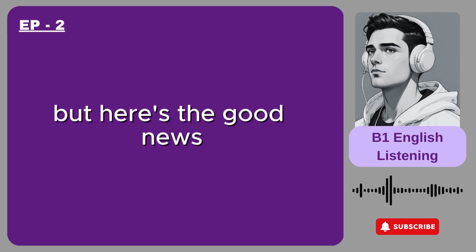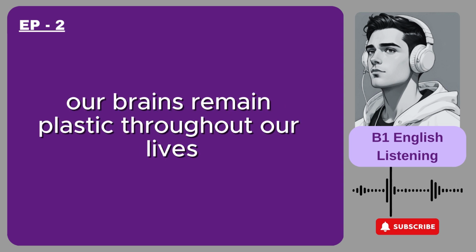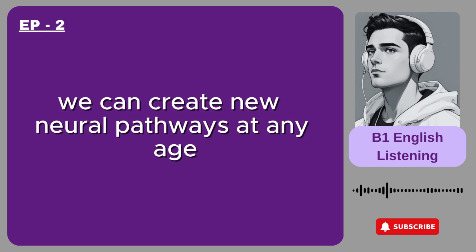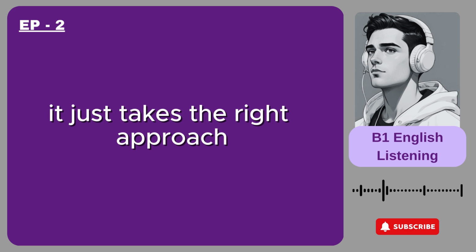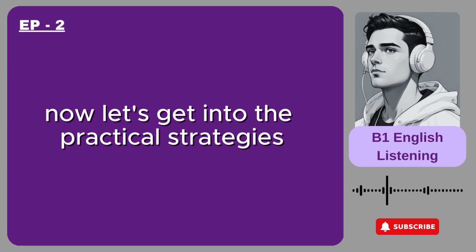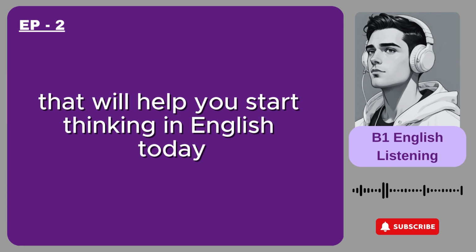But here's the good news: our brains remain plastic throughout our lives. We can create new neural pathways at any age, it just takes the right approach and consistent practice. Now, let's get into the practical strategies that will help you start thinking in English today.